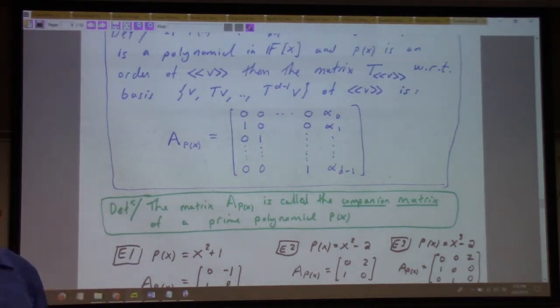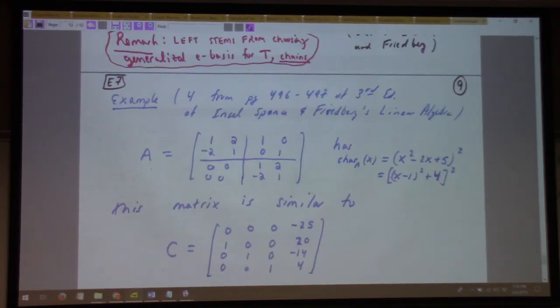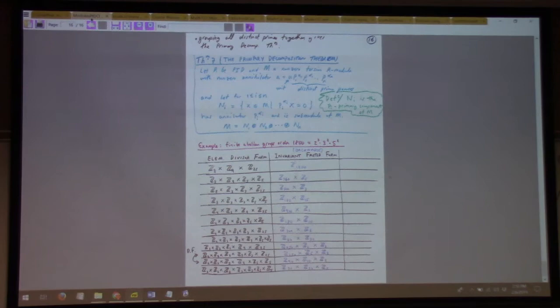It's what V generates under the F[x] module action of T. But anyway, that was not what I wanted to look at. At the very end of this, I think. Oh, nope, wrong one. Oh, it's this one. Here we go.